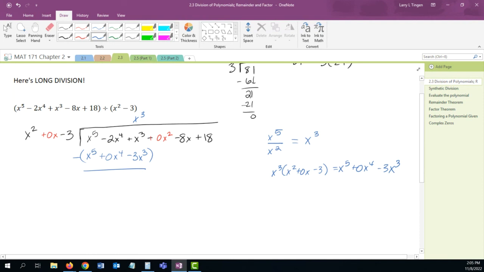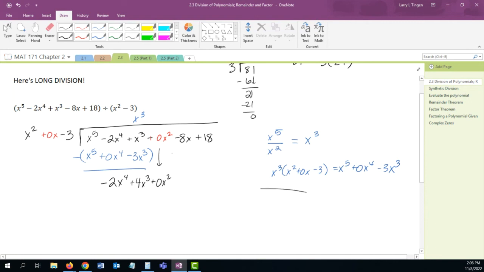So then I have negative 2x to the fourth minus 0, which is just still negative 2x to the fourth. x cubed minus negative 3x cubed is x cubed plus 3x cubed, which is 4x cubed. And then I have 3 terms in my divisor, so I need 3 terms in my long division. So I bring down the next.